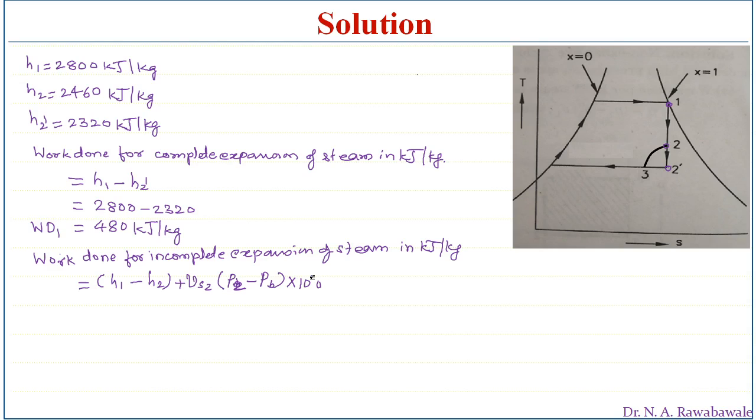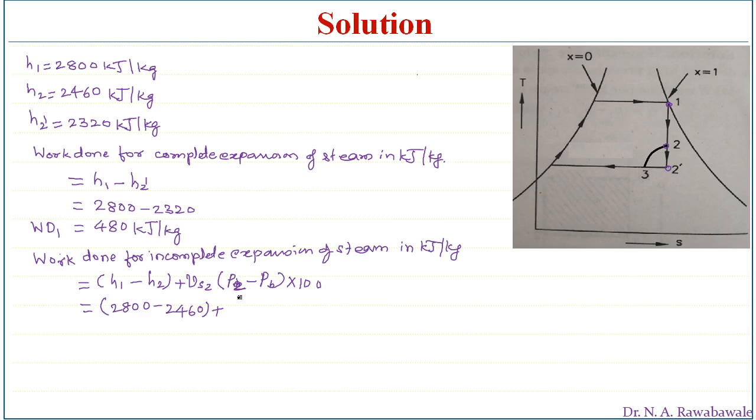So here we can write the enthalpy at point 1. H1 is equal to 1800 minus H2, which is 1460, plus the specific volume at this pressure, which is given from this steam table. So Vf is the liquid volume.